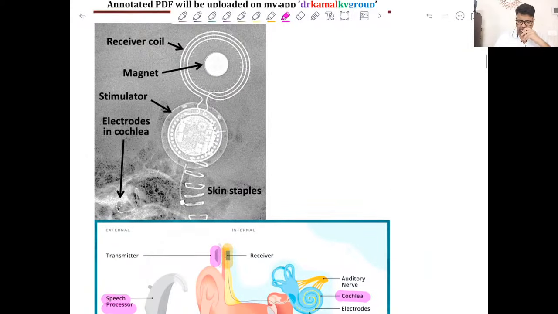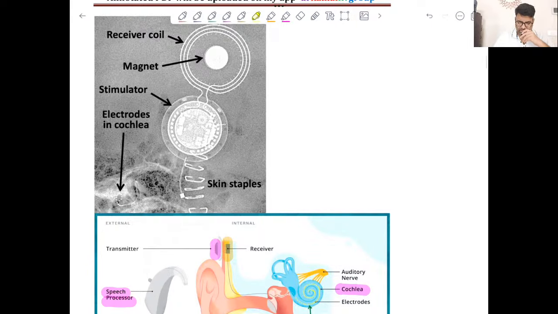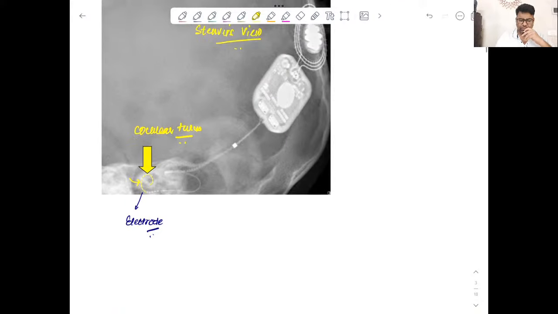If you see it on the X-ray as such, again you can see a curved assembly here. So this is the electrode, right? It is just curved something like this. Then there are the receiver, transmitter, and the speech processor. So this is the basic arrangement of the cochlear implant, and the electrode is placed within the cochlea.